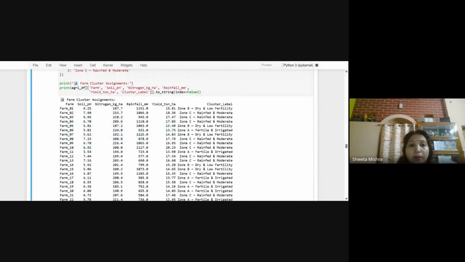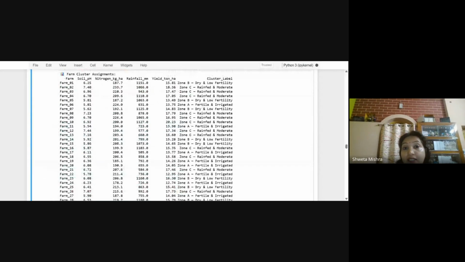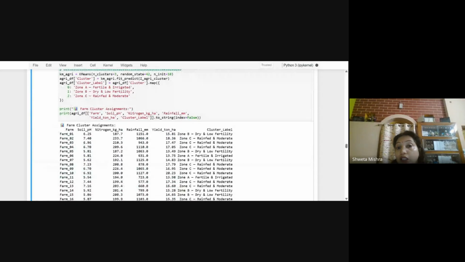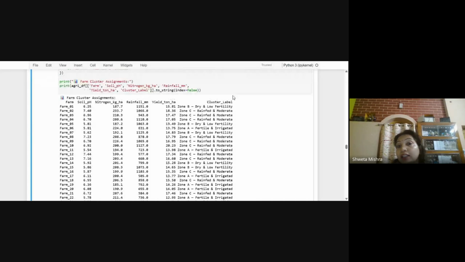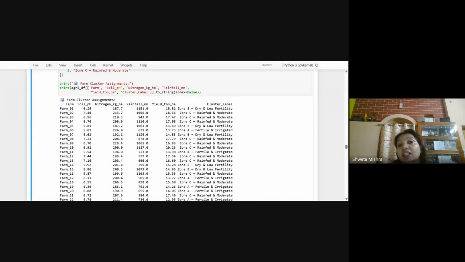With the same example, you can see this is the information about all 30 firms. Since we have already done the principal component analysis, PC 1, 2, 3 are divided into zone A, zone B, and zone C. Zone A is fertile and irrigated.